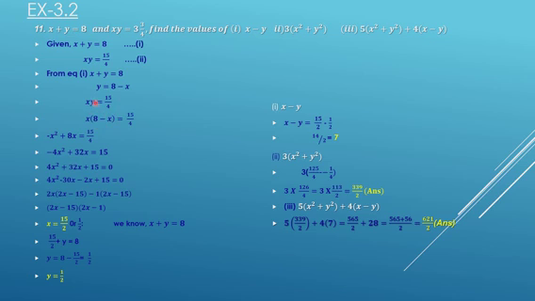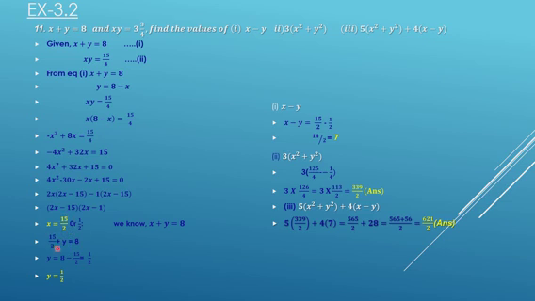So if I put the value of y here, it becomes x into 8 minus x, which is equal to 15 by 4. Now if I multiply the terms, you get 8x minus x square, which is equal to 15 by 4. So you'll get 4x square minus 32x is equal to 15, and when you solve it, your answer is 15 by 2 or 1 by 2.